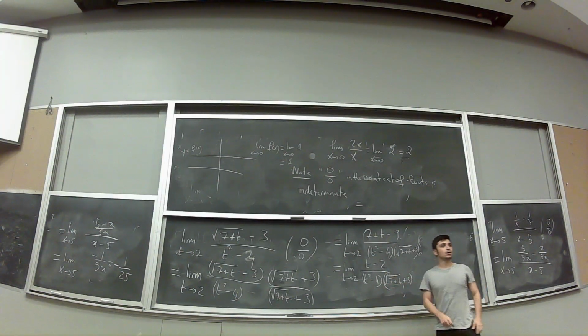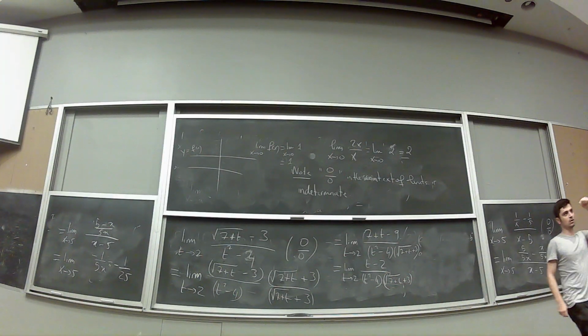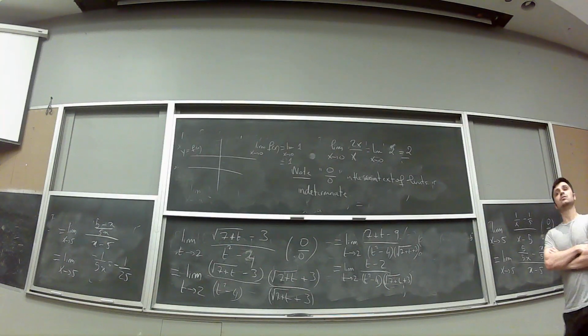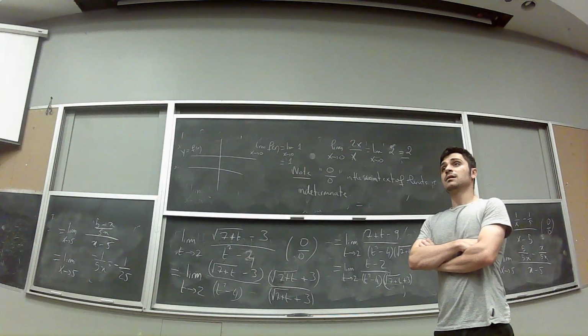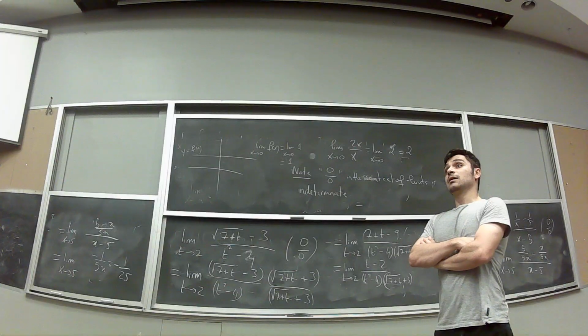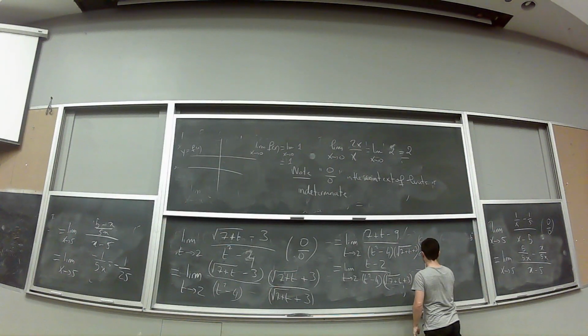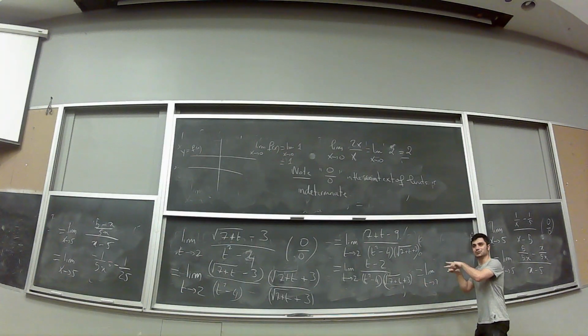Now, what's the term that's giving me trouble? t minus 2 on top and t squared minus 4 on the bottom. Who can help? Someone who hasn't spoken today? Expand it. So t minus 2 is equal to, and then cancel out. Exactly. Thank you. Your friend suggested that you meant factor it, right?